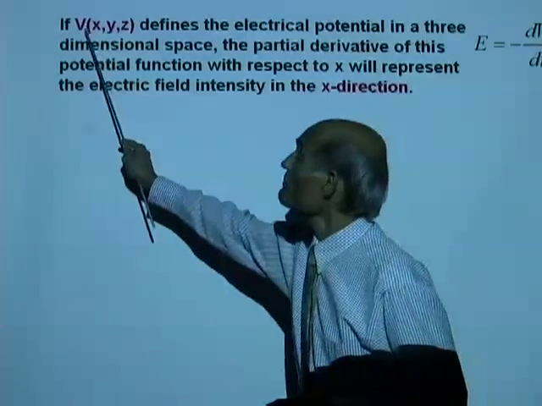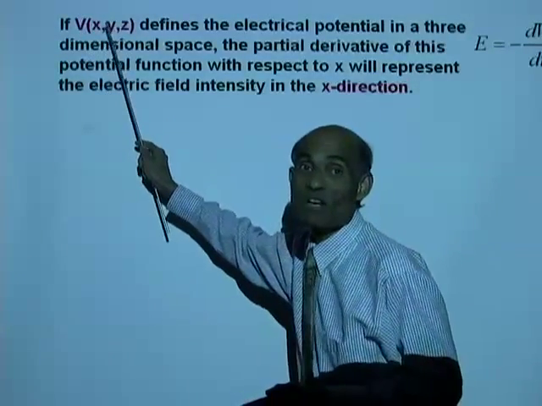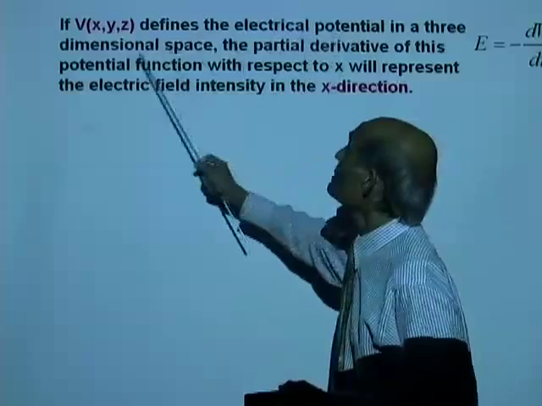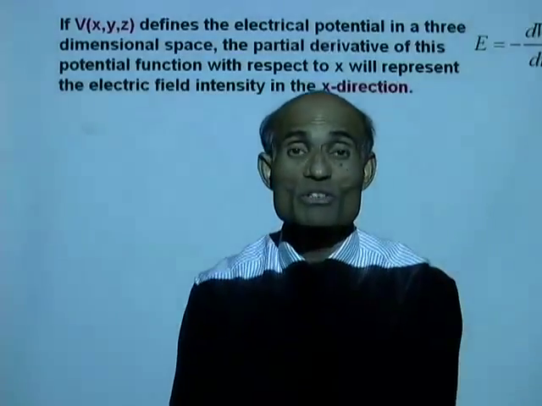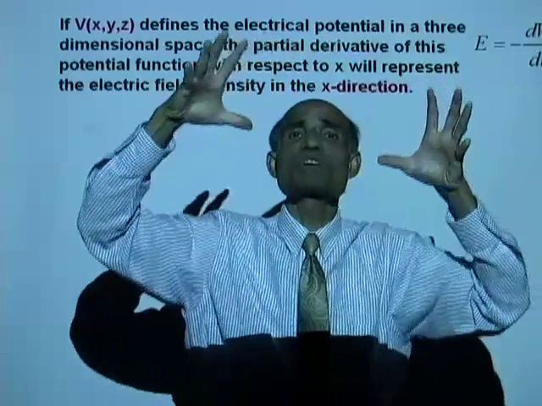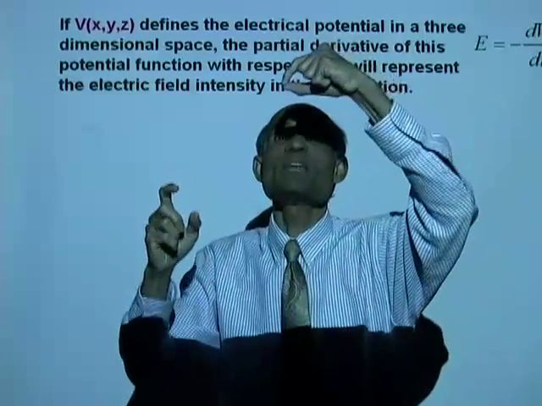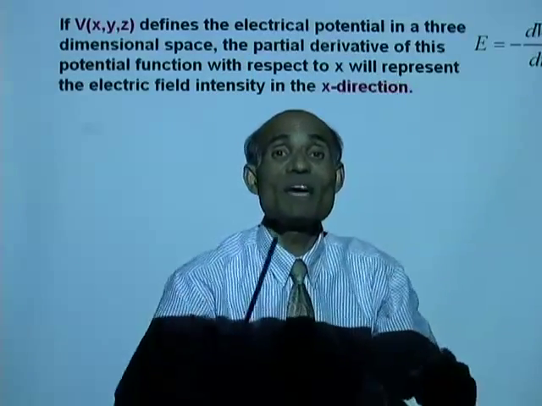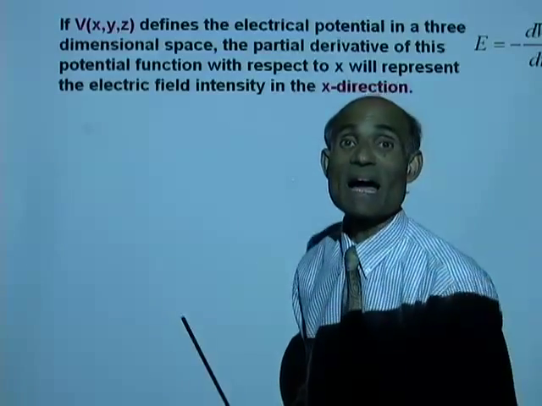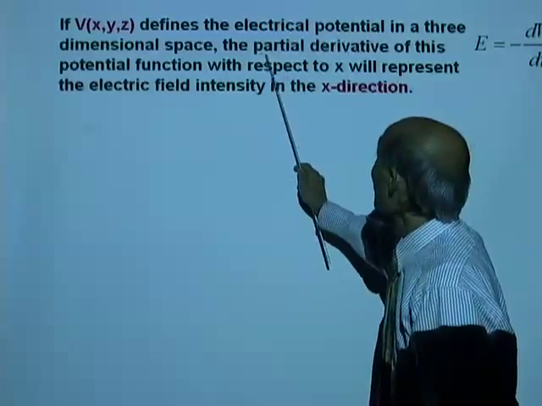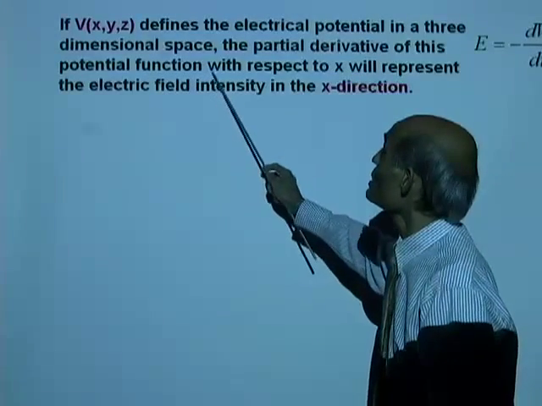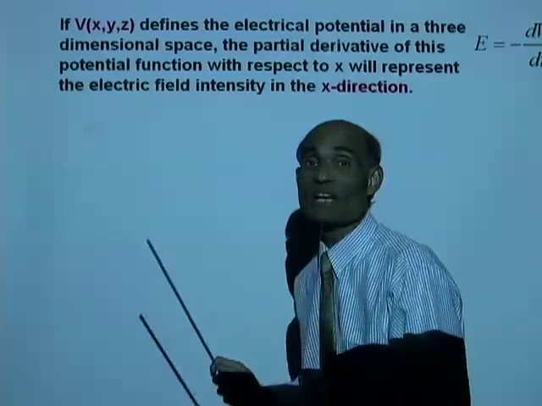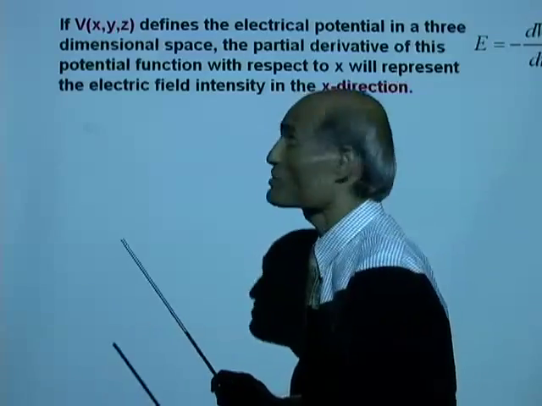Suppose V, the potential, is a function of x, y, z, defines the electric potential in a three-dimensional space. See, electric field is in a three-dimensional space. So if you take any point in the electric field, the potential at that point will be a function of x, y, and z. Then the partial derivative of this potential function with respect to x will represent the electric field intensity in the x direction.